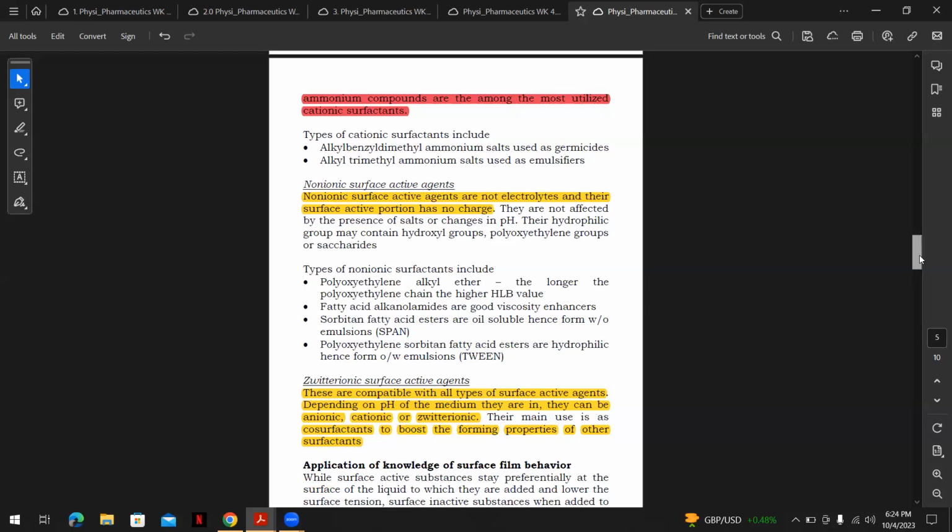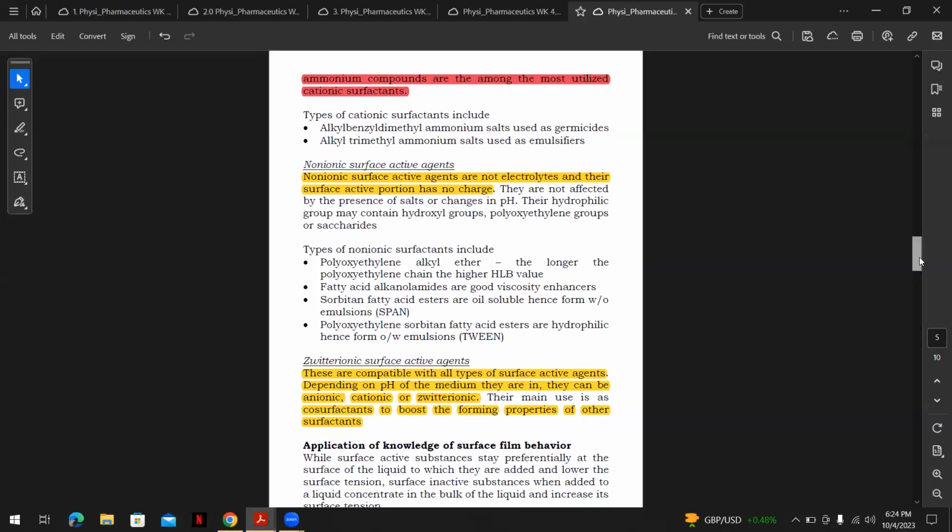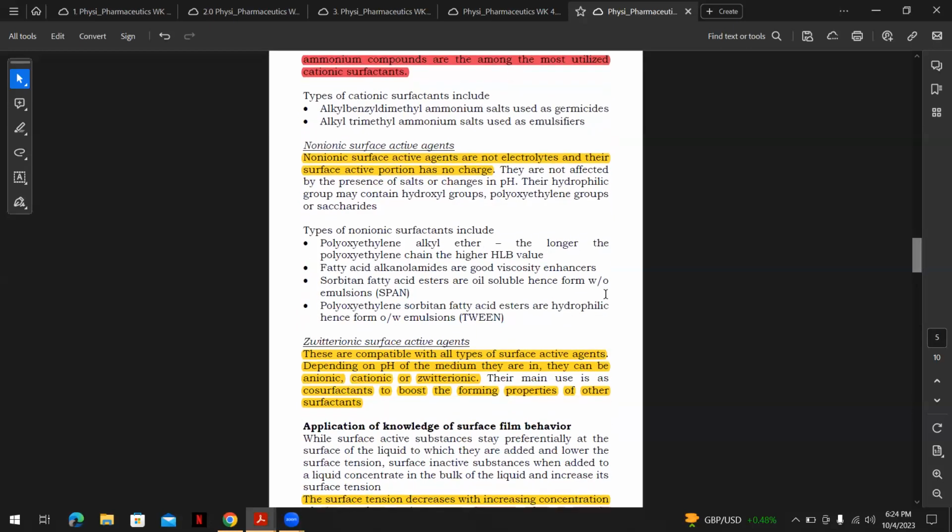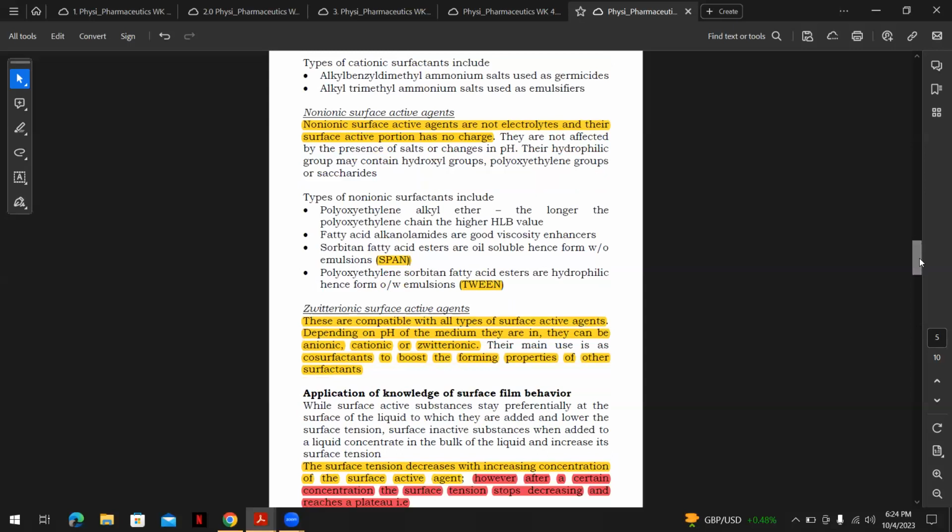Then non-ionics have no charge, so they are not affected by the presence of salt or changes in pH. They include Tween. I don't know if you people have been seeing this Tween all the time. I've been seeing it. This Tween is a non-ionic surfactant. Now zwitterionics are compatible with all the other types, and they are used to boost the foaming properties of other surfactants.